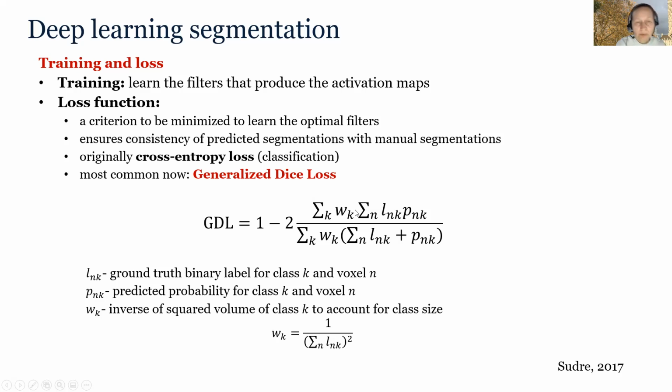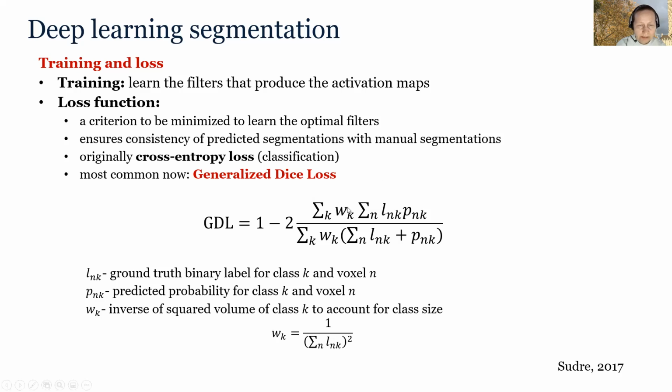And this is very important because we know that some classes might have a much smaller number of voxels than the others, but it still might be important to segment them correctly. For example, when you are looking for small lesions in the brain, like in multiple sclerosis.